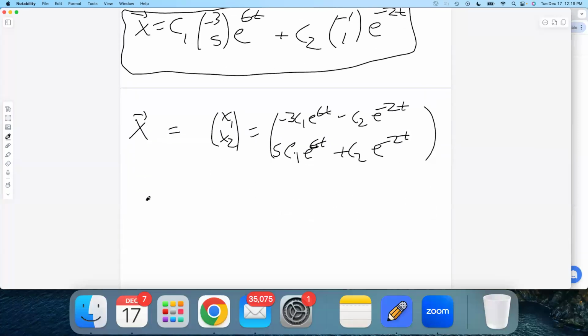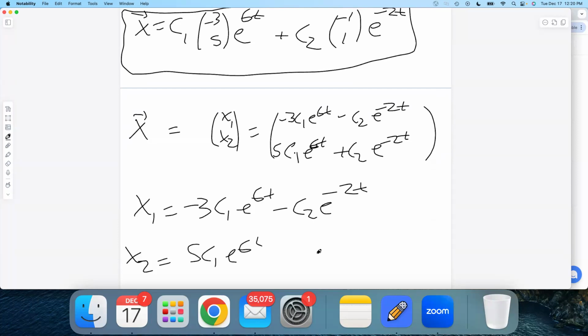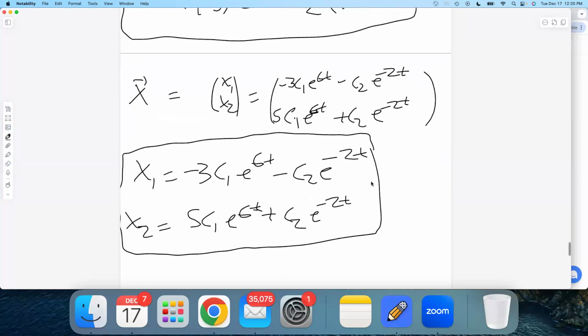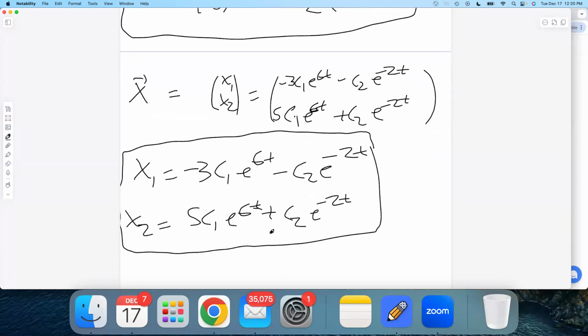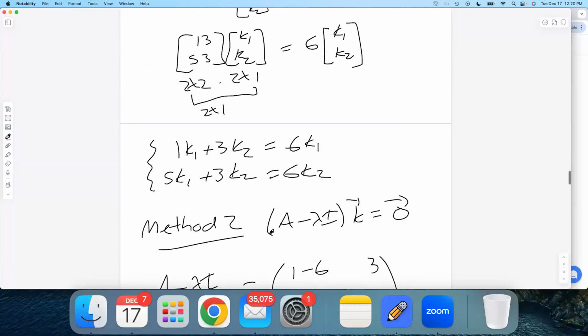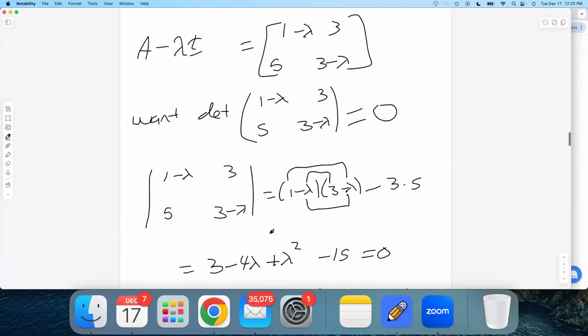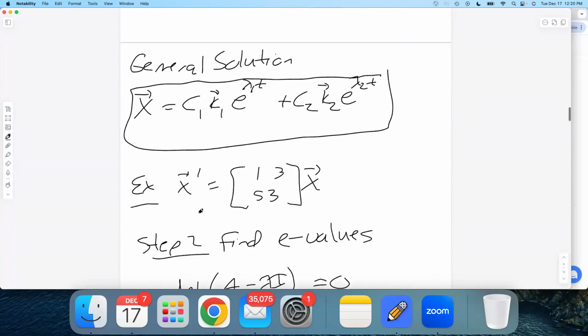So in other words, x1 was -3c1 e to the 6t, plus c2 e to the -2t. Here is our actual solution. We learned a bunch of theory on how to get here, but here's our final solution. This is the solution to this system of differential equations right here.